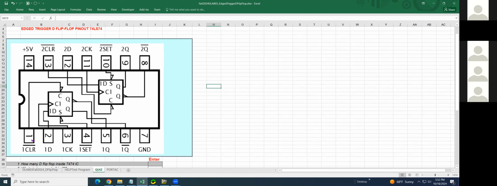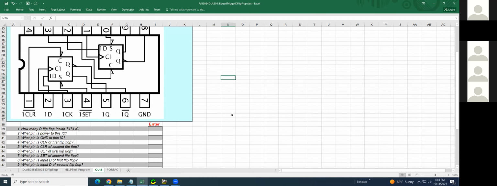They tell you pin 1 of the first one is clear. Pin 2 is input D. Pin 3 means preset. Pin 5 means NOT Q. Pin 6 will be Q. That tells you the pin numbers.